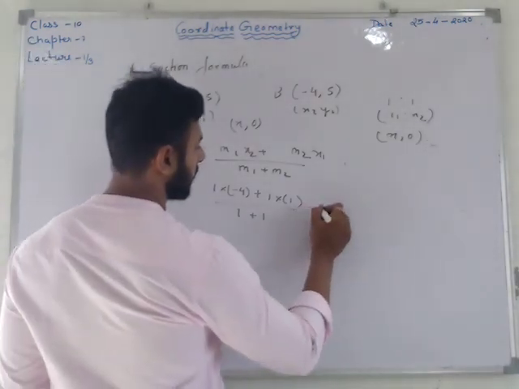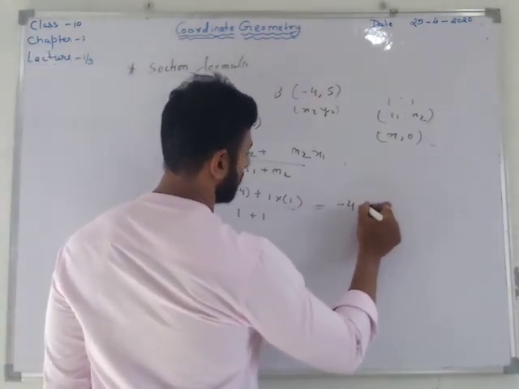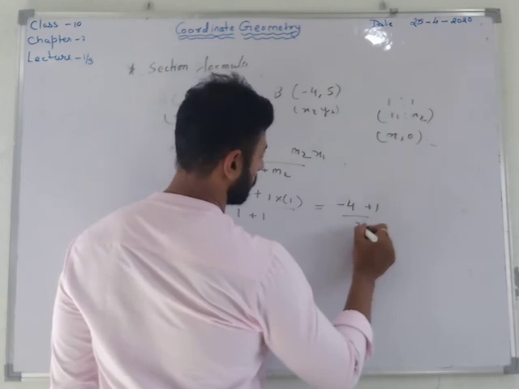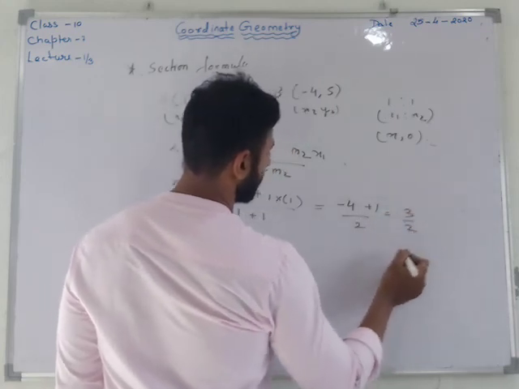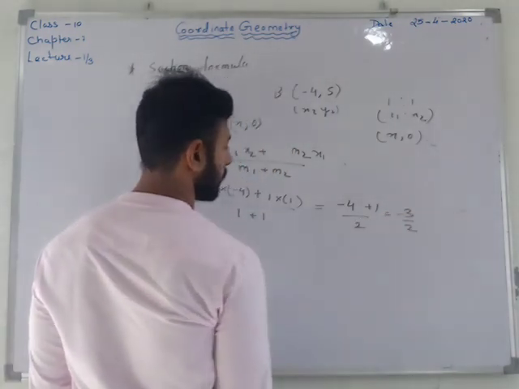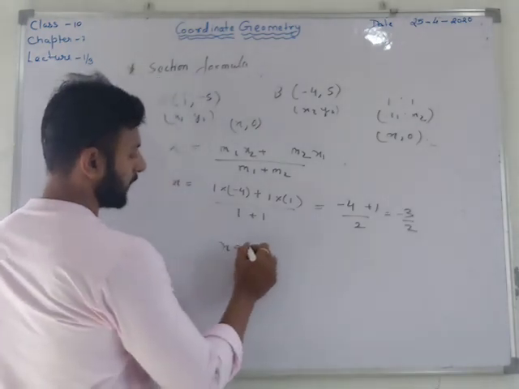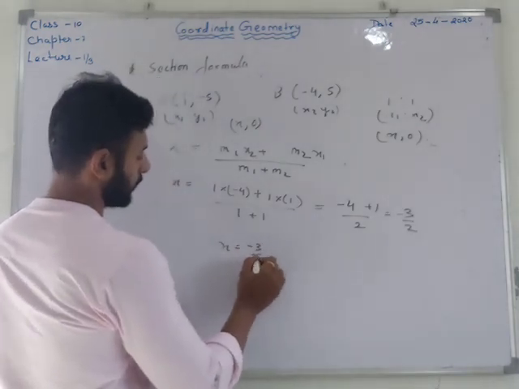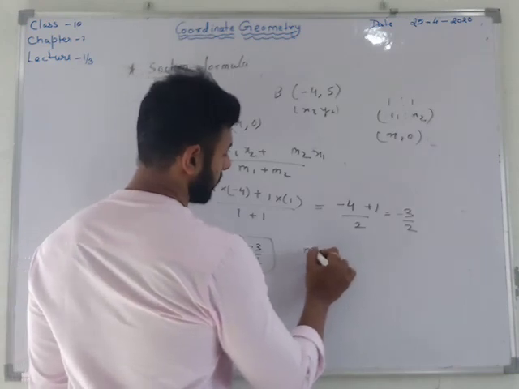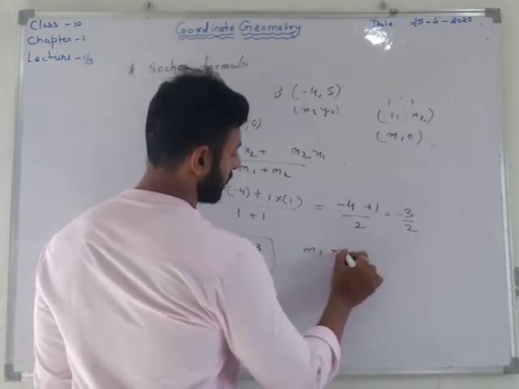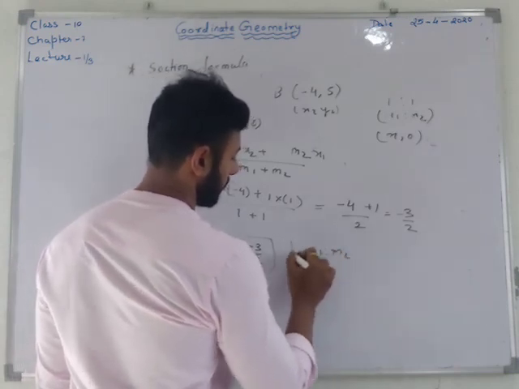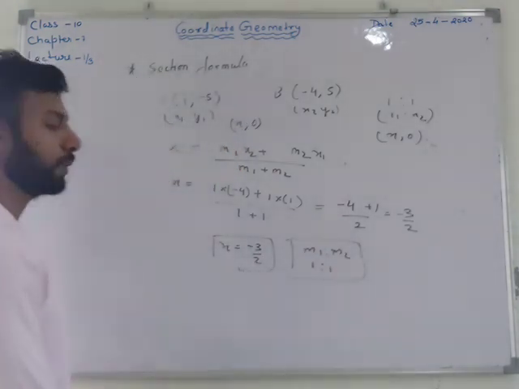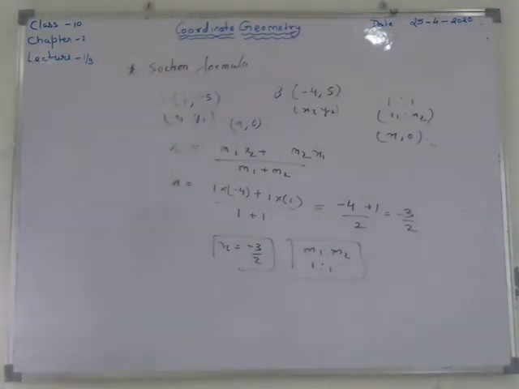Solving this, we get minus 4 plus 1 upon 2, so this will be minus 3 by 2. So x is equal to minus 3 by 2 and m1 ratio m2 will be 1:1. These are the two required solutions of the given question. I hope you got the idea of today's section formula. We will be continuing tomorrow. Thank you.